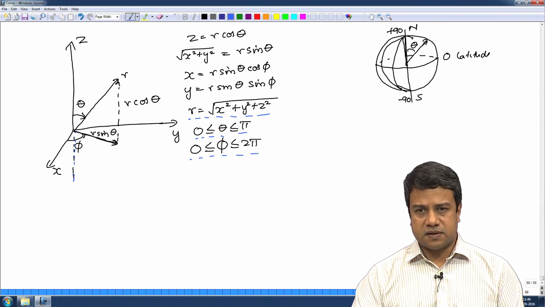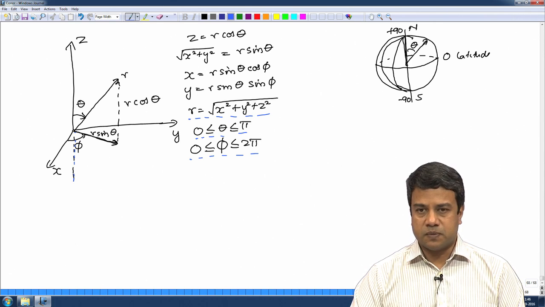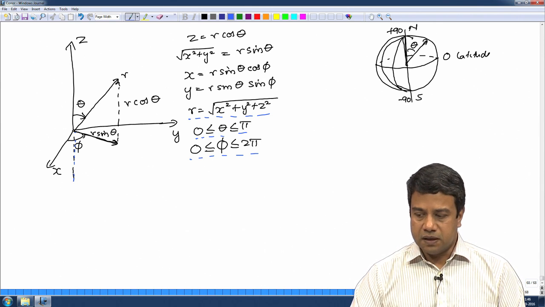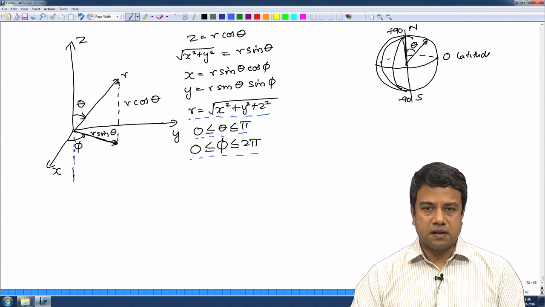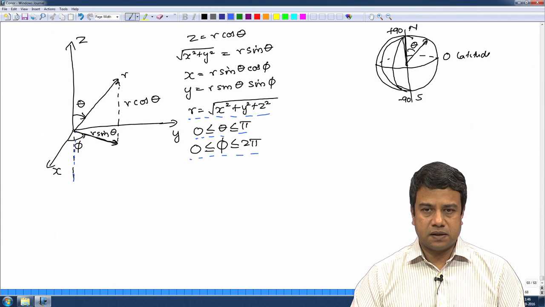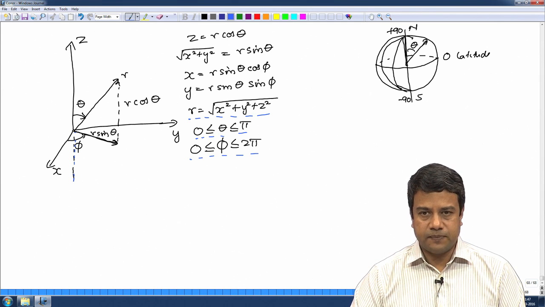And as I said, this is also used for locating positions on spheres. The earth, for example, is a sphere, and if you want to locate a position on the sphere, you need two angles. In this particular case, the z axis is the north south axis. The angle from the z axis can go from 0 to pi, that is 0 to 180.